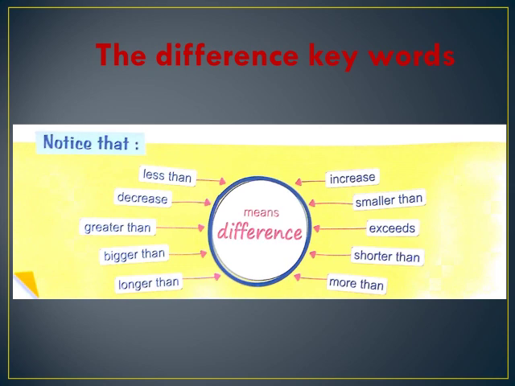All of these words mean difference. When I see any word from these words, it means difference. We will put the ratio and the word difference. The difference means a minus. We make minus to the ratio.